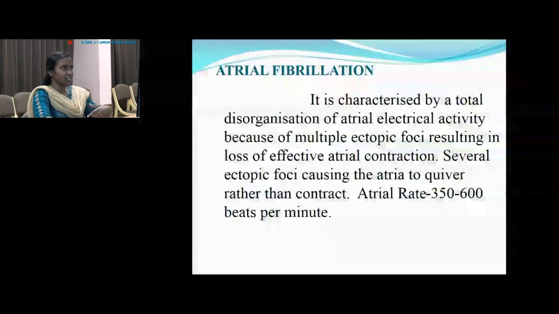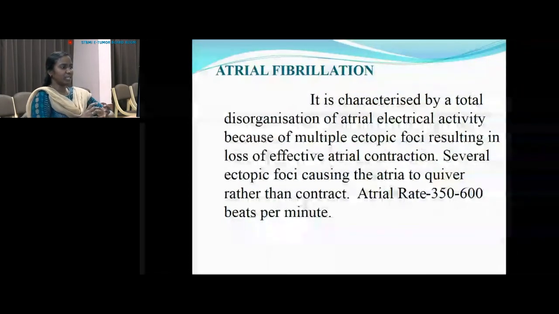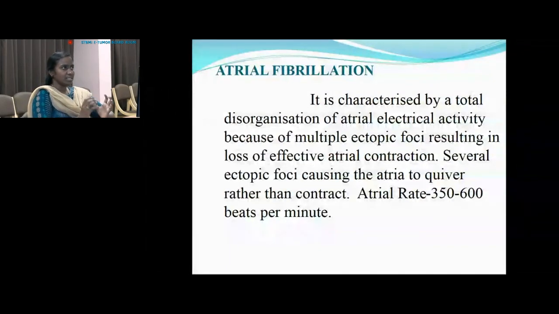But in atrial fibrillation, because of the multiple ectopic foci, effective atrial contraction will not be there, so just quivering or shaking of the atrium takes place, so there are more chances of clot formation in atrial fibrillation.